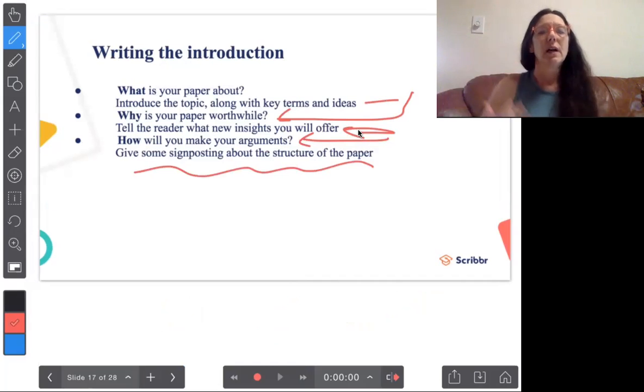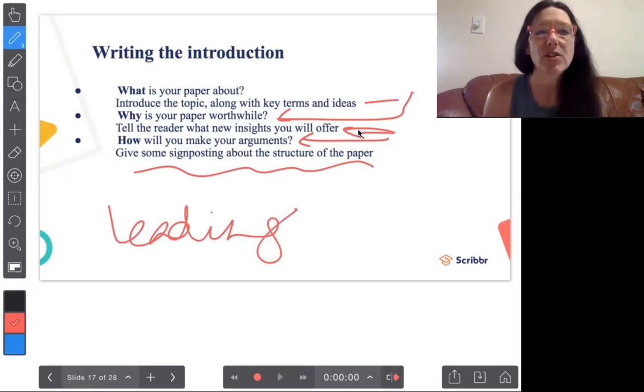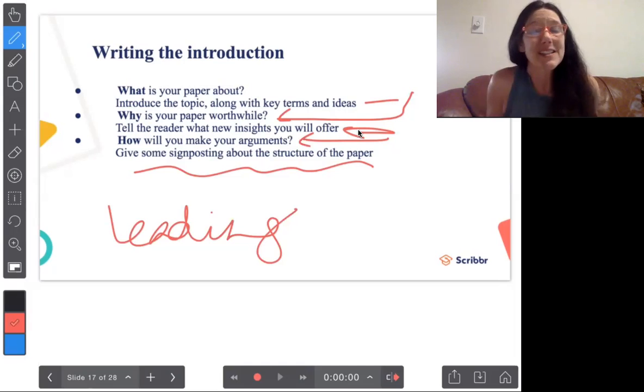You're leading. Based on the intro, that's what they think you're going to write about. So if you say something about cancer and blah, blah, blah, and then the rest of your paper has nothing to do with cancer, but you thought it was a fun fact, that doesn't help you. That makes readers confused. They keep waiting for you to talk about cancer, and you don't. So then they're irritated. So if you're being graded by the person that's irritated, that's not good.